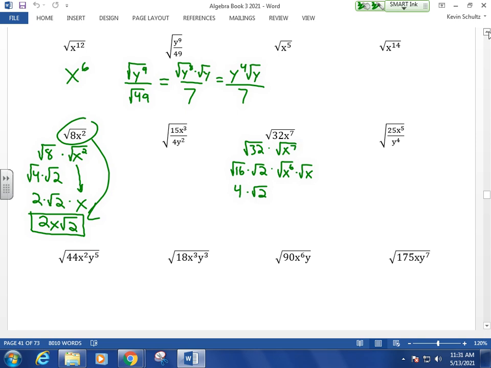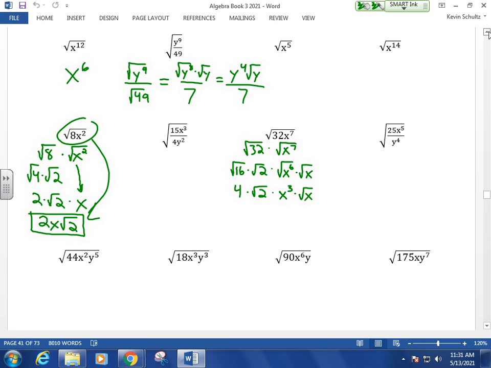But I want that even power, because what's the root of x to the 6th? Gabby? X cubed. I like that even power, so all I have to do is divide by 2, and the root is now gone. The root of x, well, can't do anything with that, so it's left as root x.